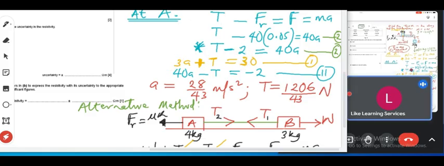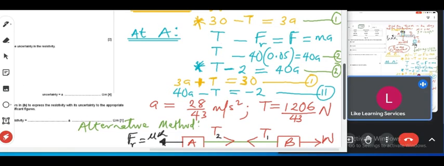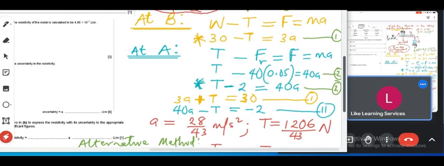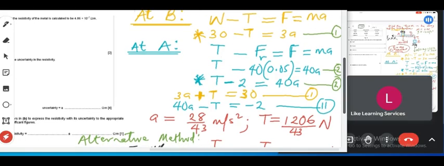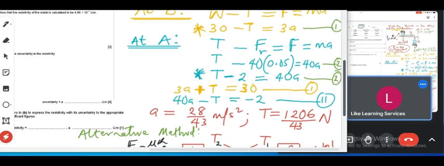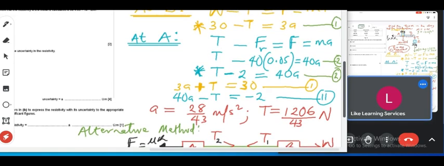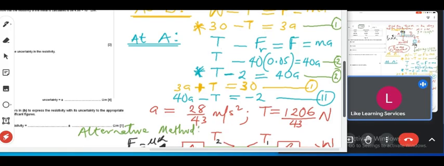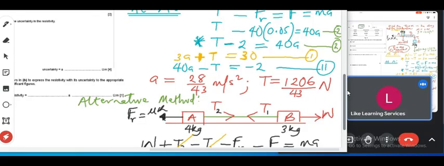Otherwise you can just solve it, 40 minus 1 minus 2. I hope when I was arranging it I didn't make a mistake myself.